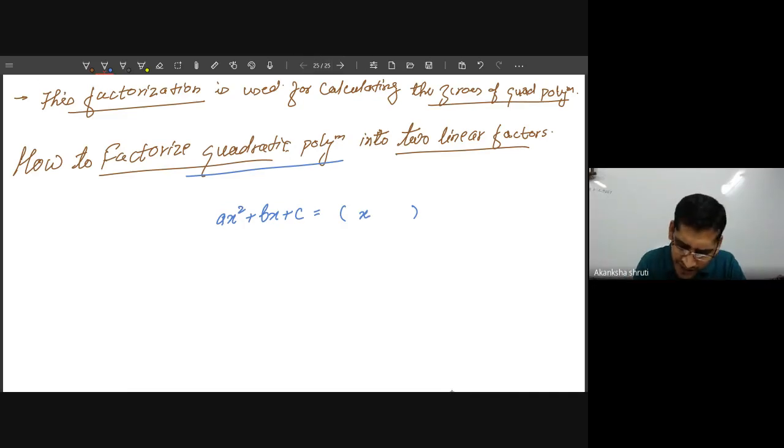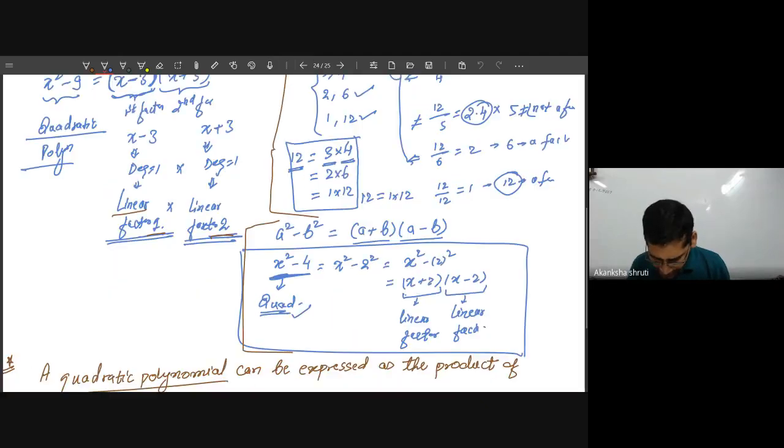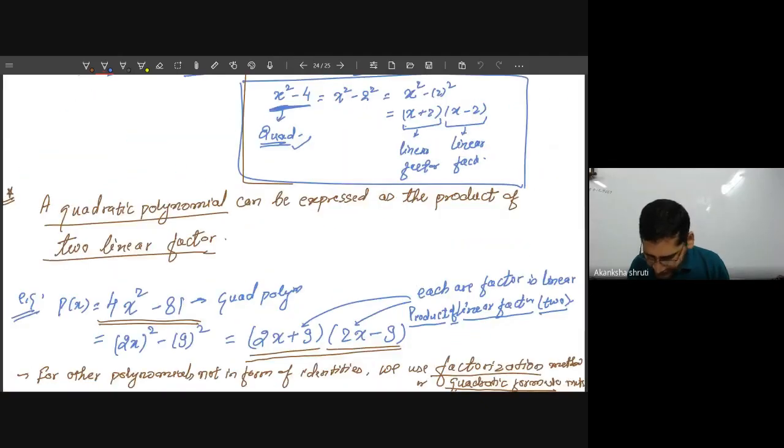See, in previous cases, what we have observed: the left hand side was quadratic, and for 4x square minus 81, I split it as the product of 2x plus 9 in one bracket and 2x minus 9 as the other bracket.